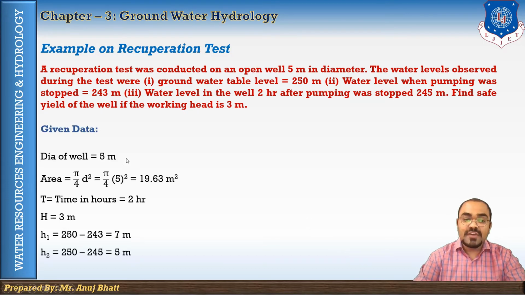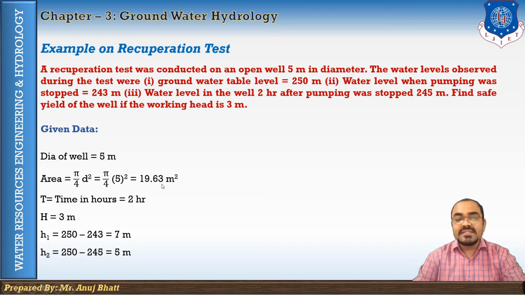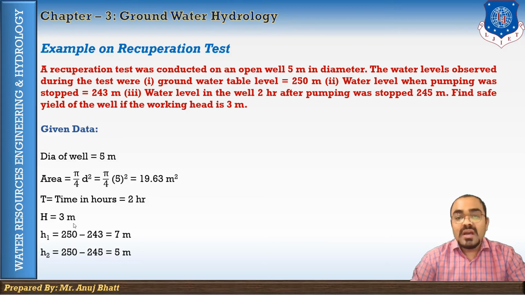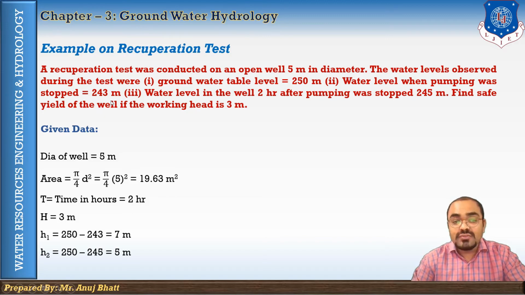So here we will first of all list down the given data. Diameter is 5 meter, so we can get the area, that is pi by 4 d square, and the area is 19.63 meter square. We are given the time T, that is 2 hours. The value of H is 3 meter. Now to find the H1 value, the original groundwater table level was 250, and the level when pumping was stopped is 243 meter.